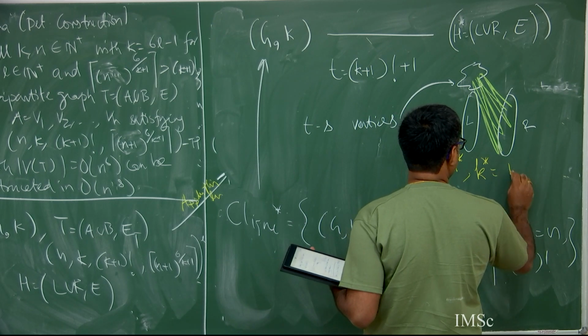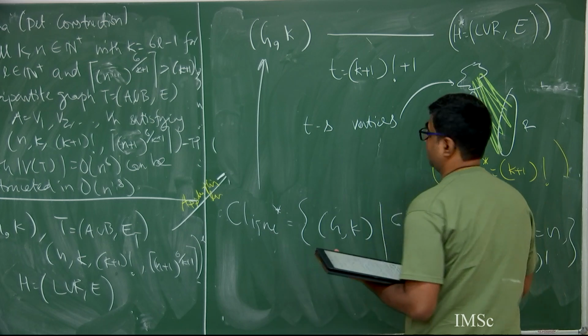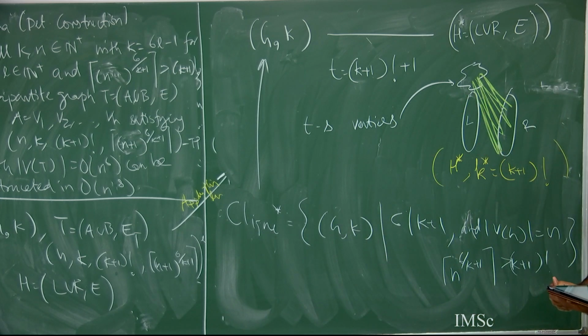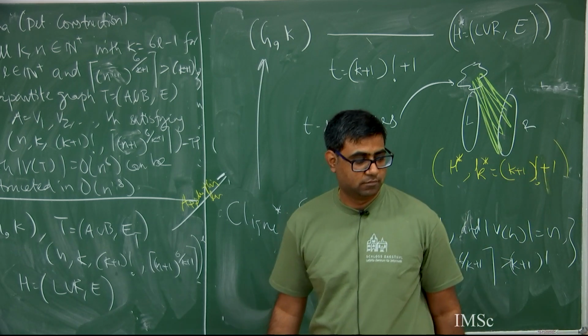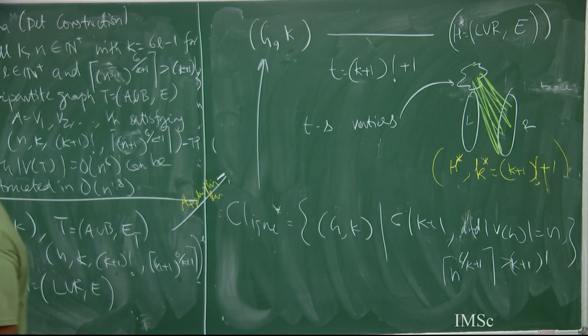K star is (k+1) factorial plus 1, which is basically T. So what was the need of this? Because if you have that parameter, you just go by that lemma. Then we will not get K_{T,T}. There is some gap there, so you're filling it with this. That's it, there's no other reason. Suppose I was interested in finding K_{S,T}, then that is fine. It's only because biclique is complete, both sides are the same. Yes, I'm just doing some vacuous reduction.